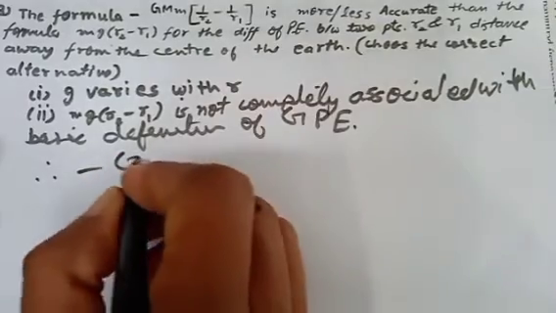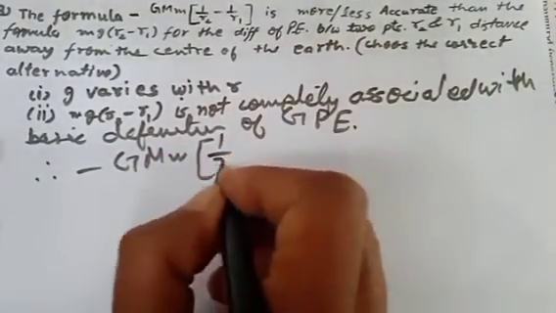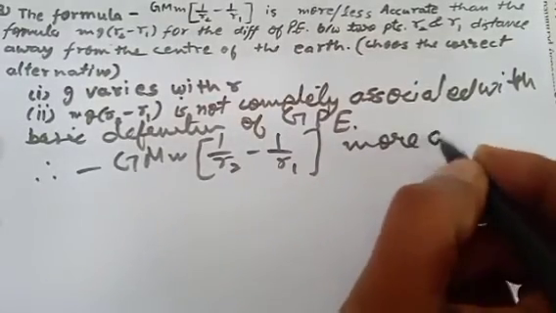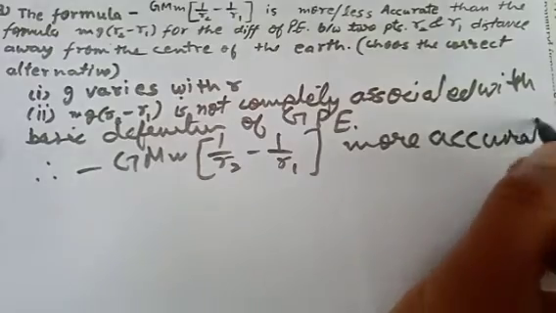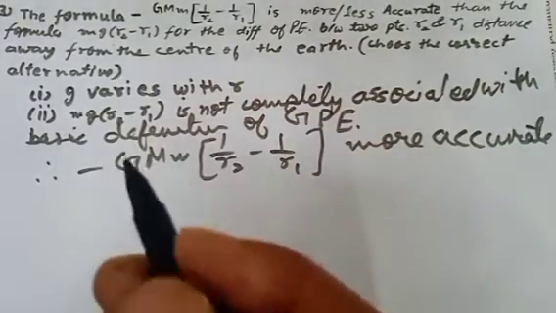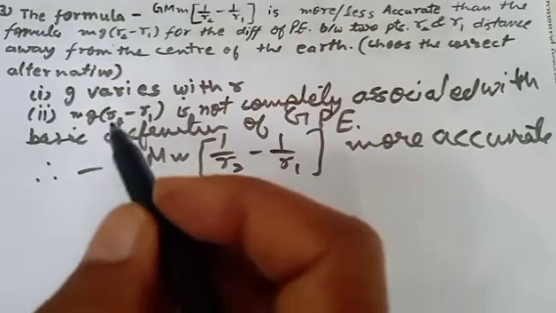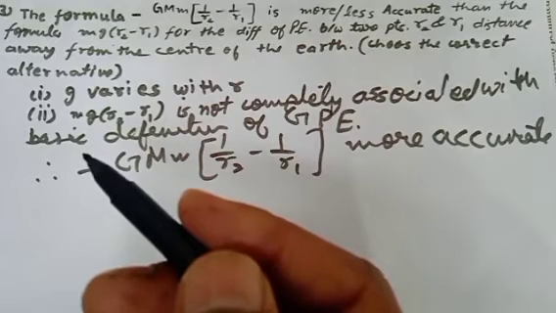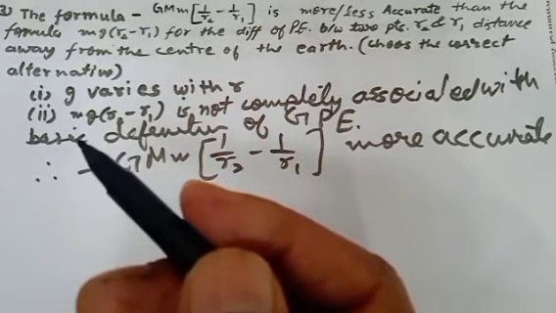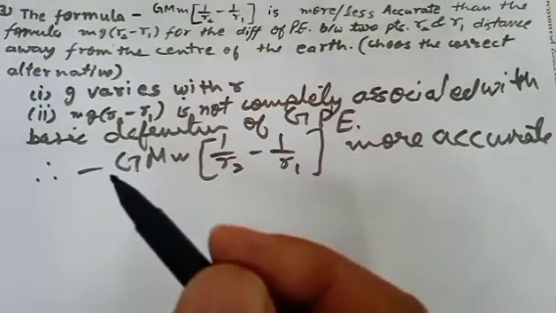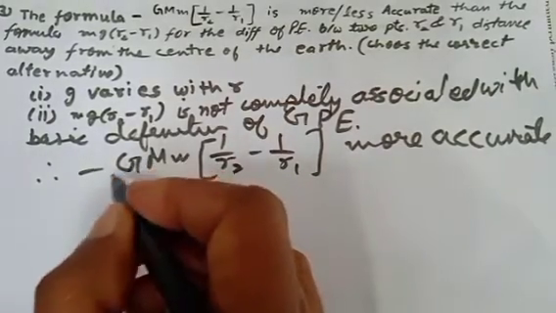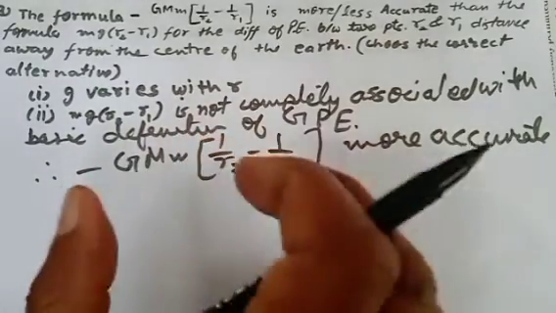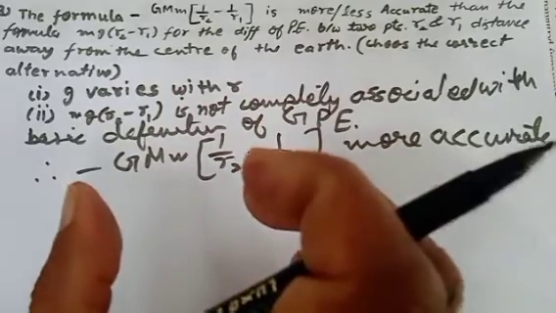So minus G M m (1 by r2 minus 1 by r1) is more accurate. There are some other evidences also, like it does not give any information about the origin, the nature of force, that is whether it is conservative or not. However, this is giving that information, and it is derived from a conservative force.